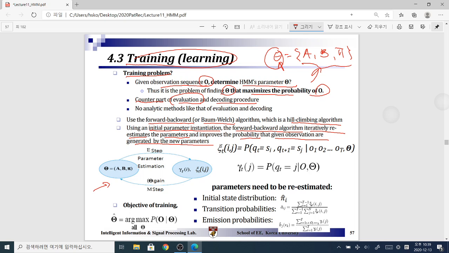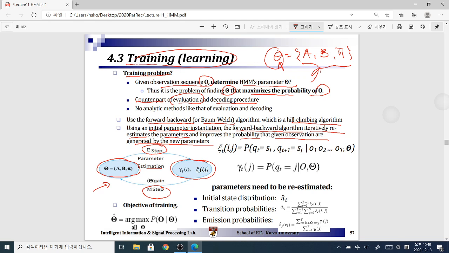So this picture shows you the depiction of what is actually taking place. This is the EM procedure, expectation and maximization. We start off with an initial value of the parameters A, B, and pi. So with the initial guess or assumption, we start off and obtain the parameter estimation, which happens to be these.